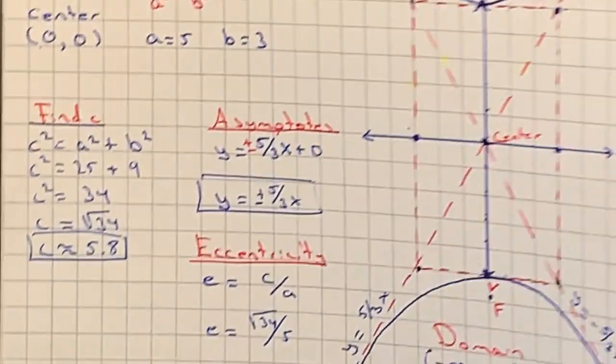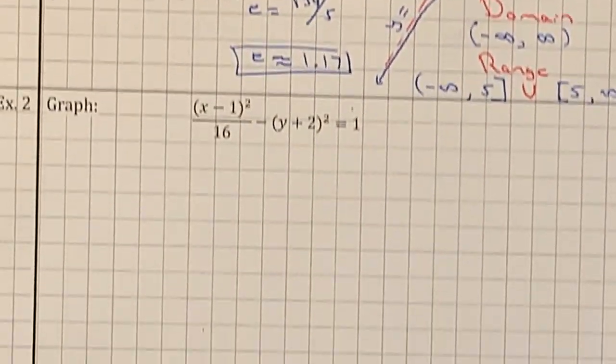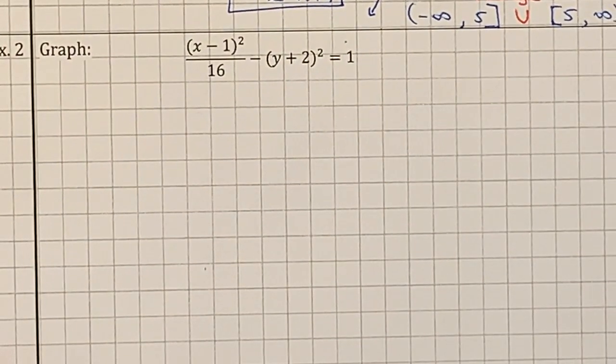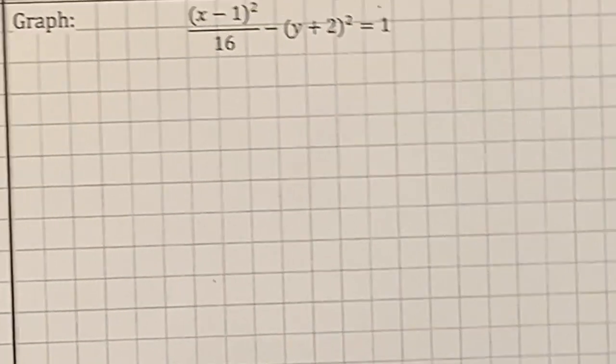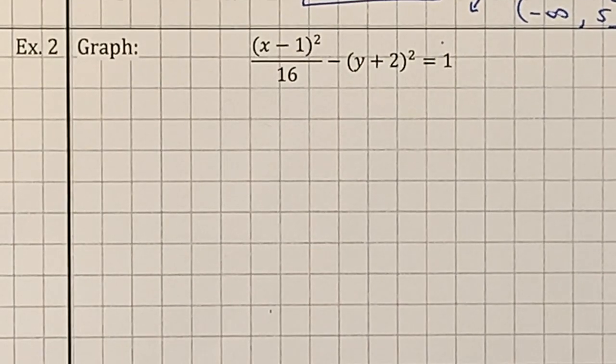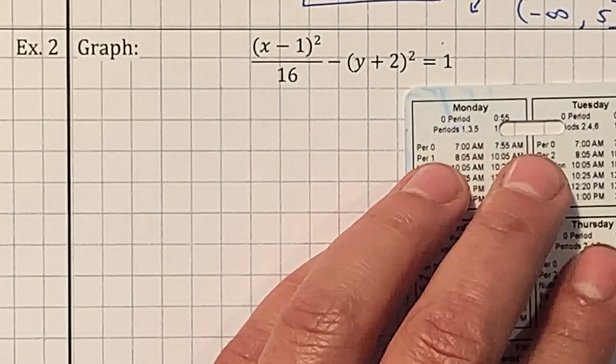So let's do one more graph together. Example number 2. And make a x and y axis. I need a 5 by 5.